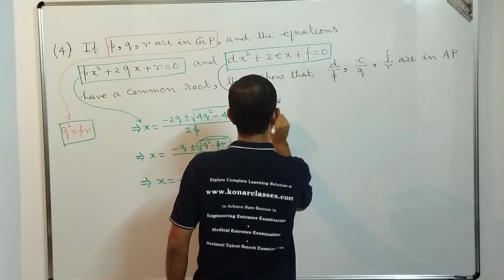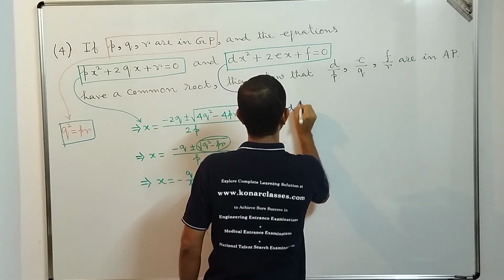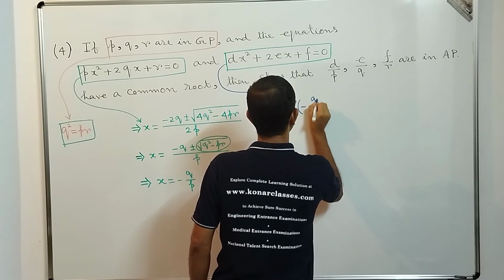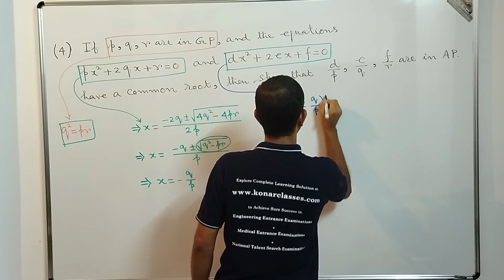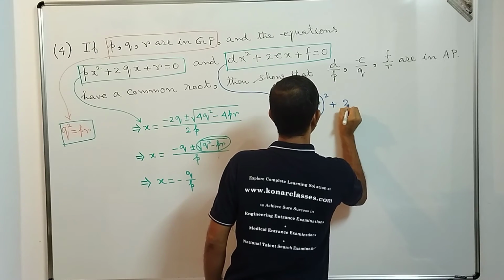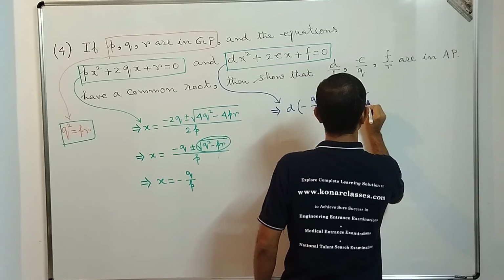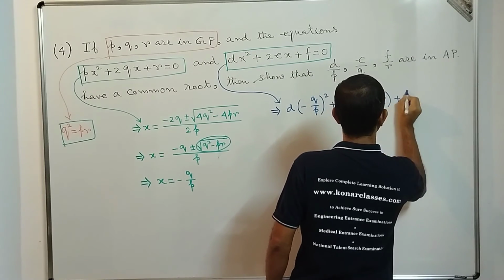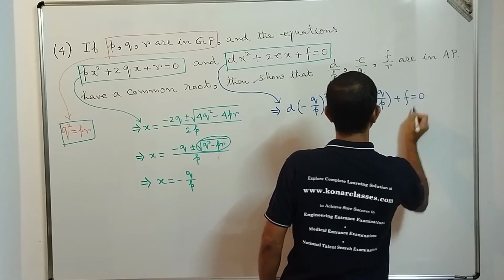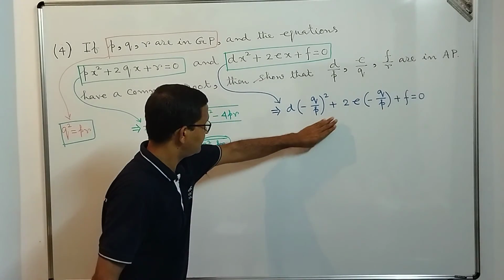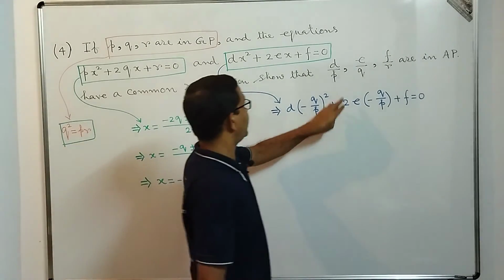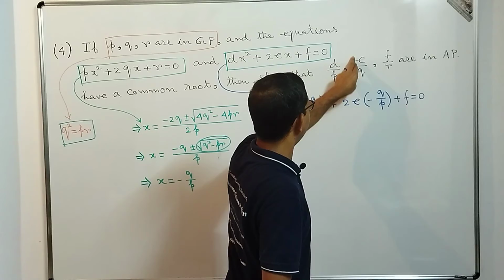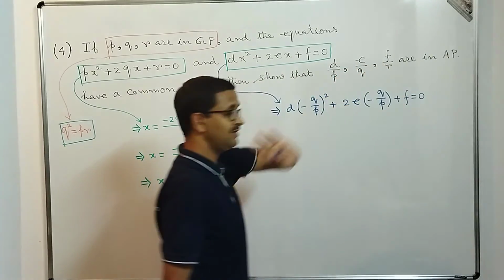So that means, dear students, we can write d into minus q by p whole square plus 2 into e into minus q by p plus f is equal to 0. Now from this relation we need to show that d by p, e by q and f by r are in AP.